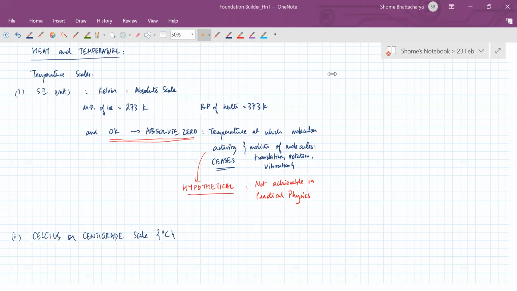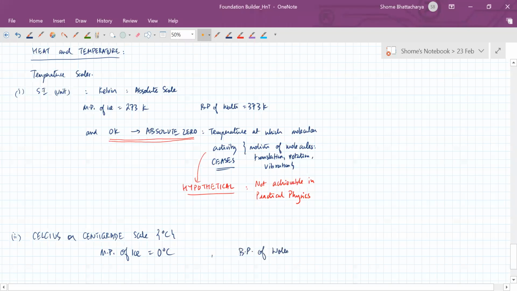If there is motion between molecules, then definitely the temperature will be greater than 0 Kelvin. So in centigrade scale, melting point of ice is 0 degrees C, and boiling point of water is 100 degrees C.